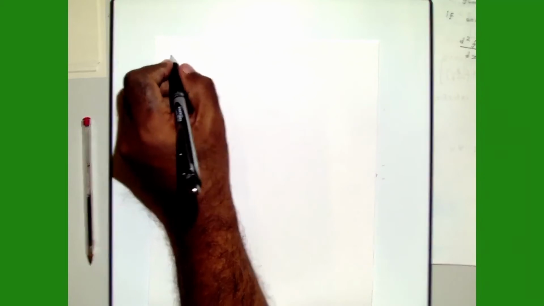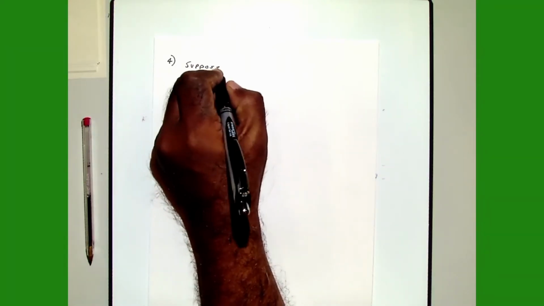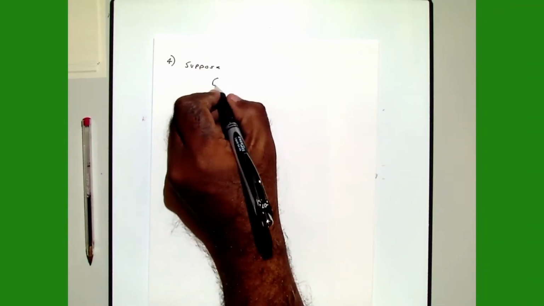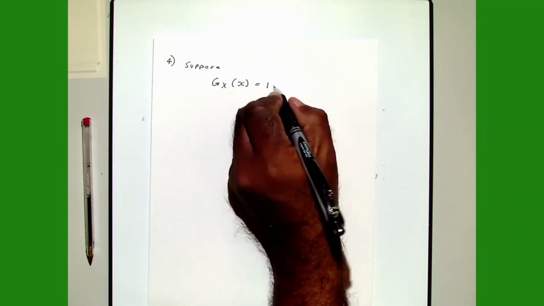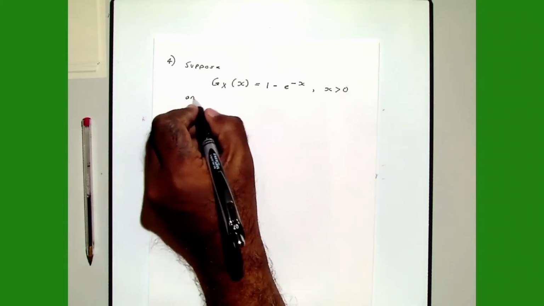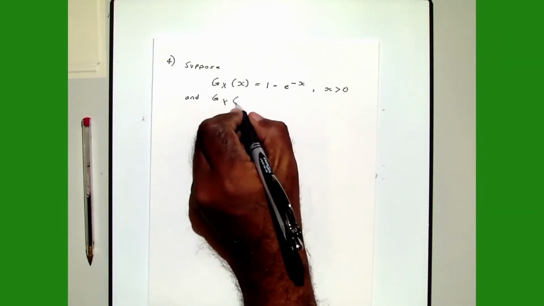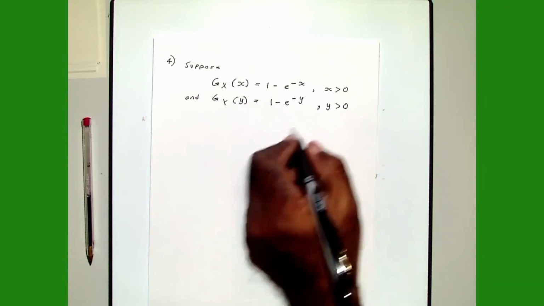Now, next is representation 4. Okay. Suppose that the marginals of G, so this is the marginal distribution of G, is equal to this, and this is the first marginal, this is the second marginal, also equal to this for y greater than 0. Right?